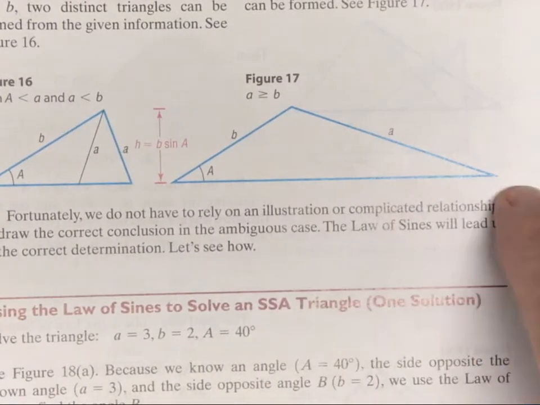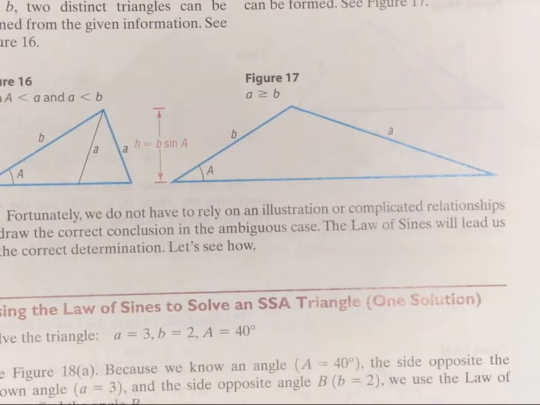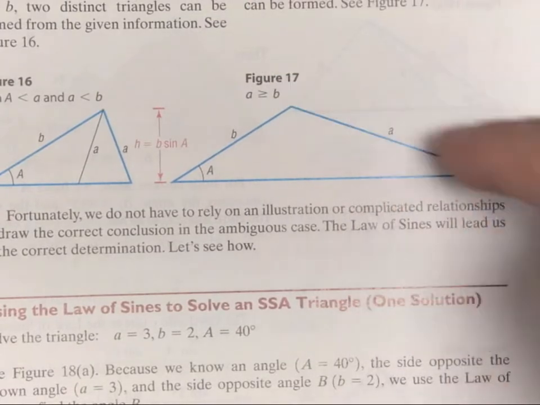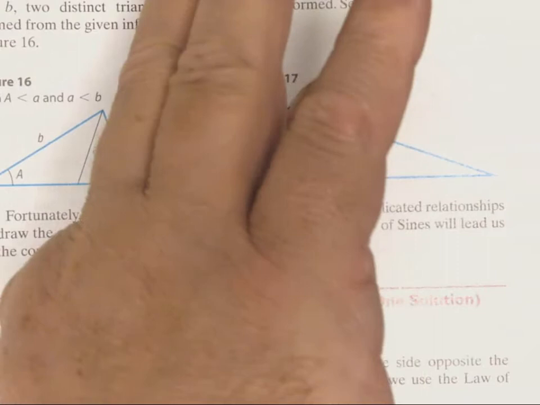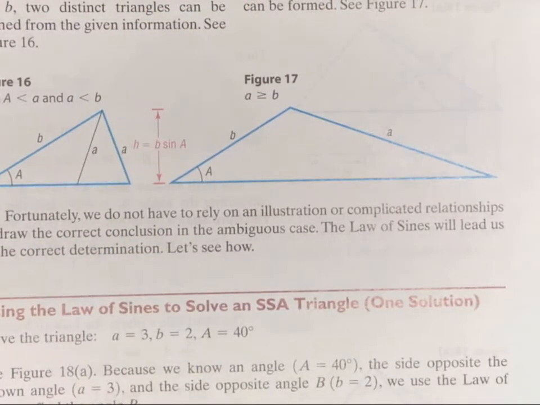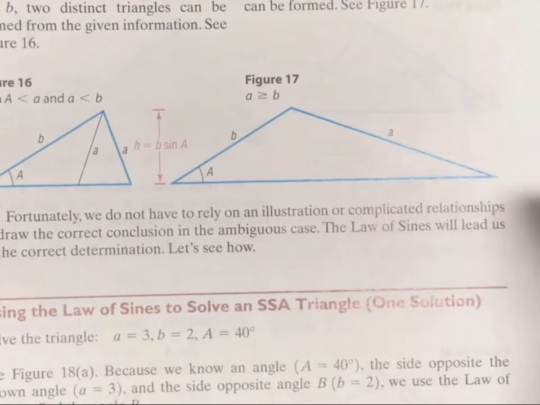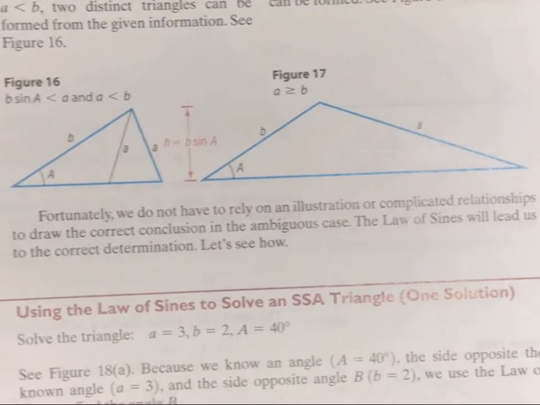You can see we can form this triangle, but if I were to try to take side A and move it to a different angle and make another triangle, I could not do it because side A is way too long.